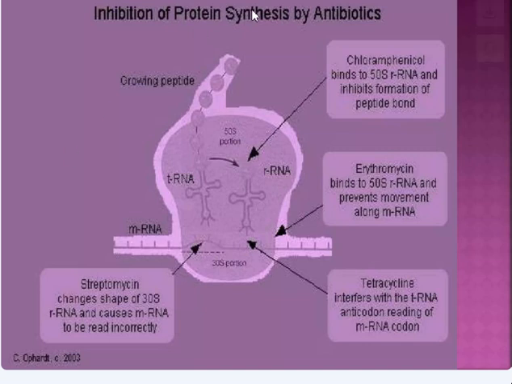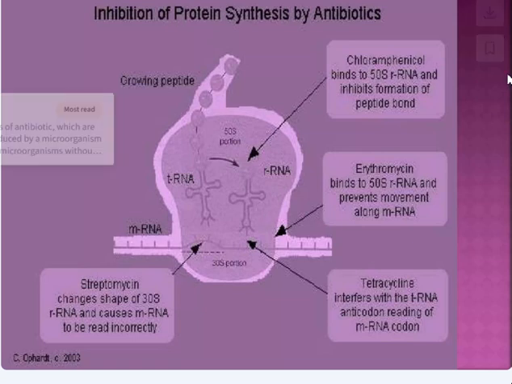How does it take place? We have the structure over here. We have other antibiotics also, but tetracycline binds to the 30S ribosome, which interferes with the tRNA anticodon that reads the mRNA codon, and thereby the aminoacyl moiety is not attached to the mRNA, and hence there is no protein synthesis.